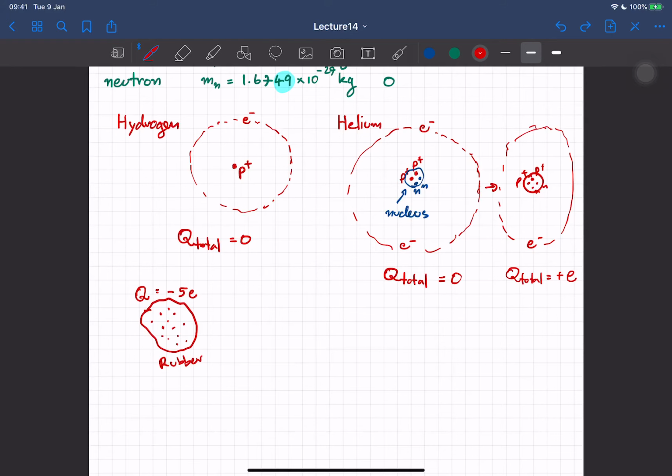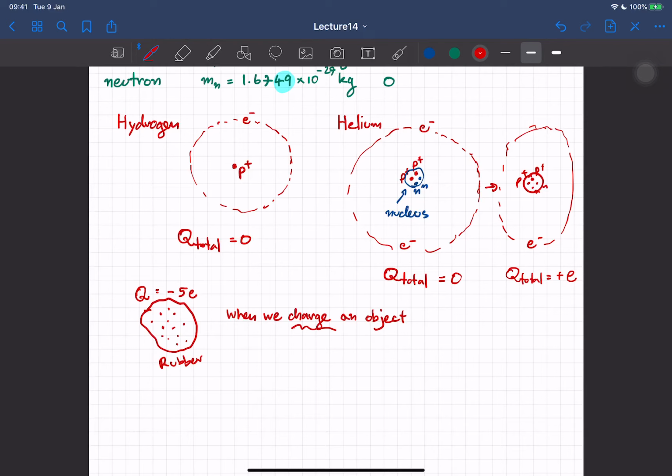So when we say we charge anything, right? When we charge an object, and this charge is a verb, it means that we are trying to make the object not electrically neutral.